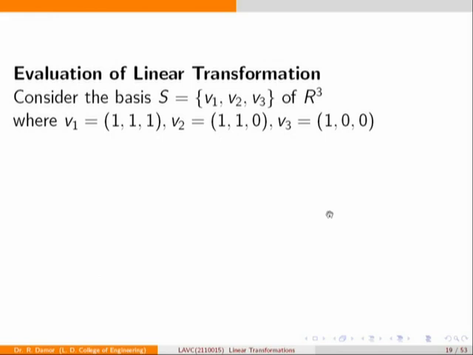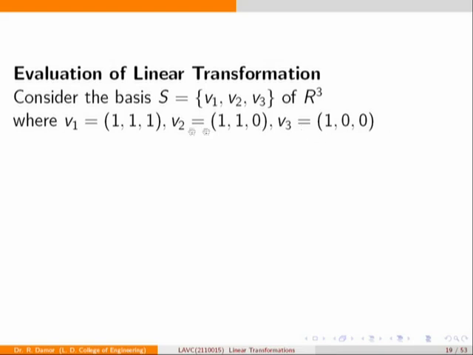From now onwards, we are given a transformation and we have to check whether the transformation is linear or not. But in some cases the basis is given and their images are given. From this you can evaluate your linear transformation. Suppose S equals {v1, v2, v3} is a basis for R3, where v1 equals (1, 1, 1), v2 equals (1, 1, 0) and v3 equals (1, 0, 0).